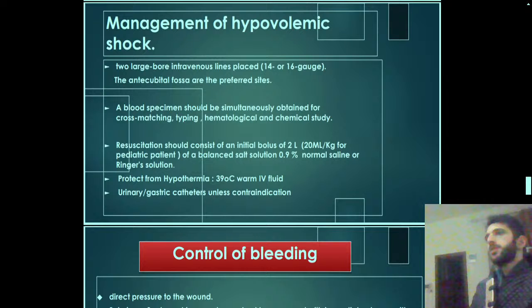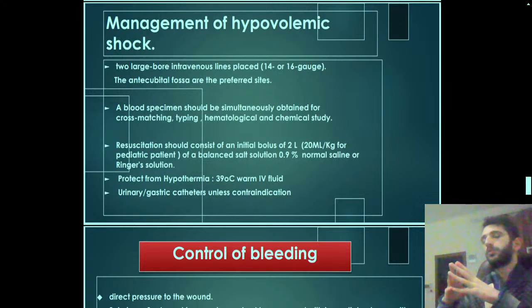Management of hypovolemic shock. How to manage the hypovolemia? Two large bore intravenous lines, 14 or 16 gauge, should be placed. The antecubital fossa are the preferred sites.